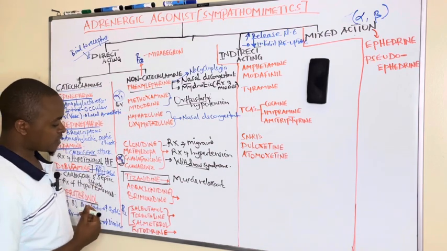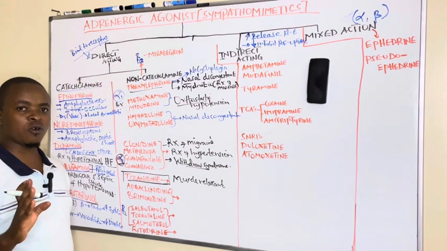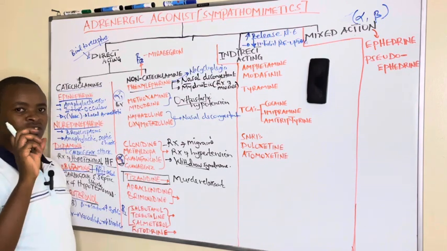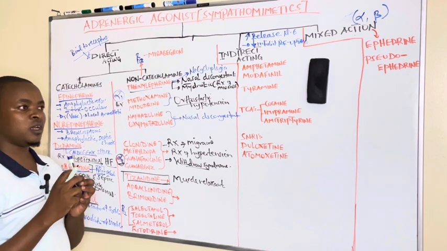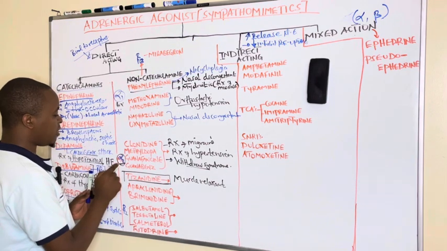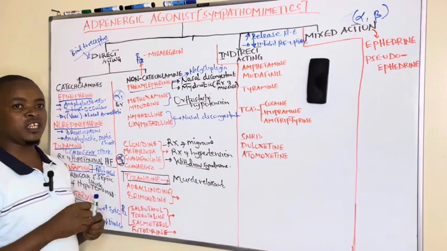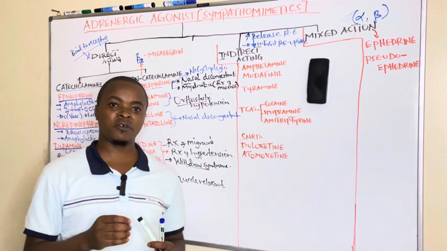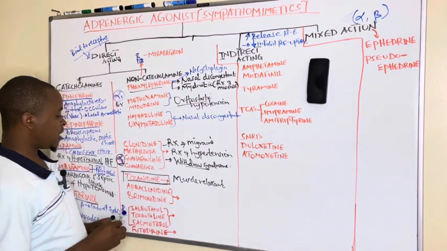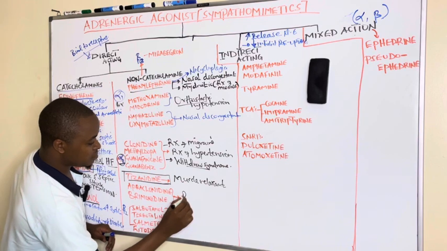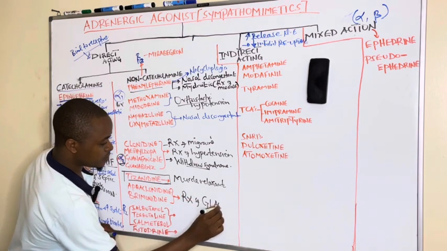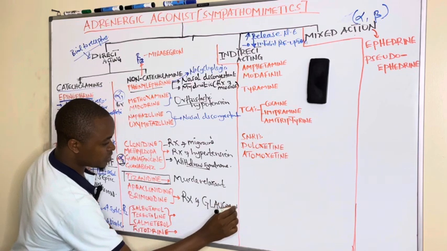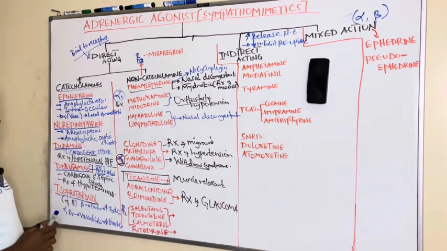For example, in people with glaucoma, whereby there is increase in intraocular pressure due to accumulation of the aqueous humor, we can apply this inhibitory effect of alpha 2 to inhibit production of aqueous humor, so that we can apply them in treatment of glaucoma.